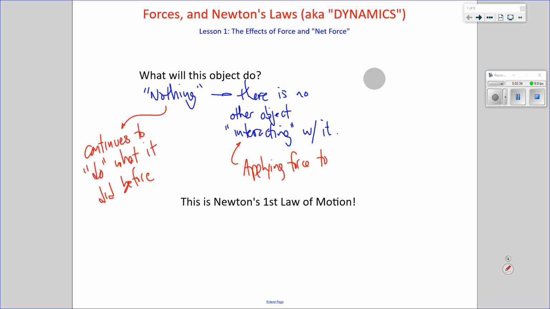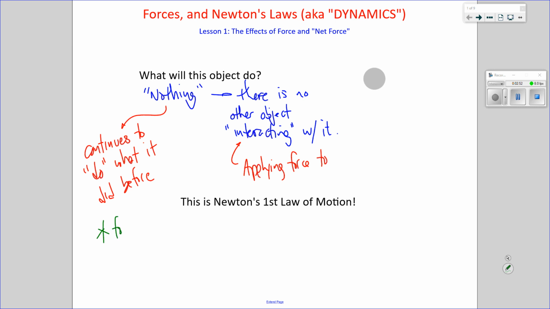What you normally don't hear with Newton's first law is, as long as there is zero force acting on an object, or really zero net force, that's a huge qualifier for Newton's first law.